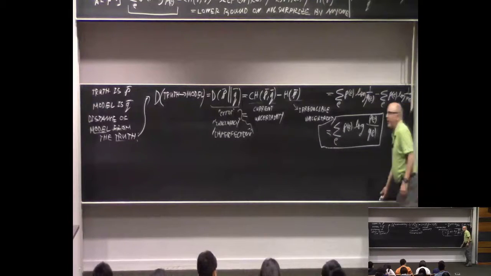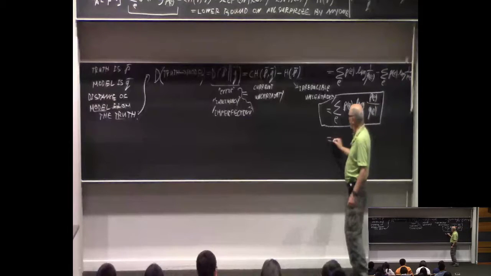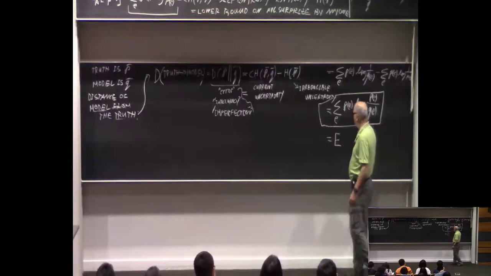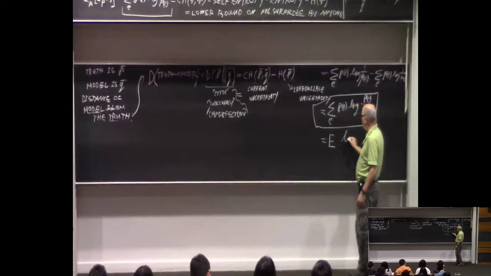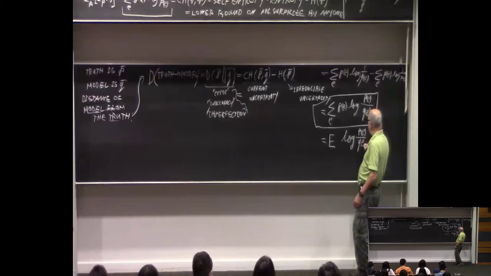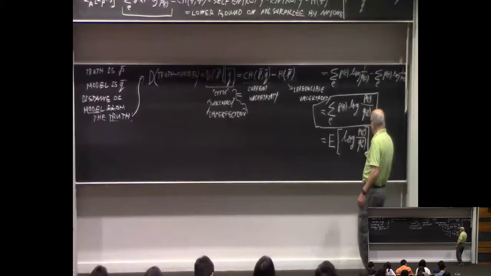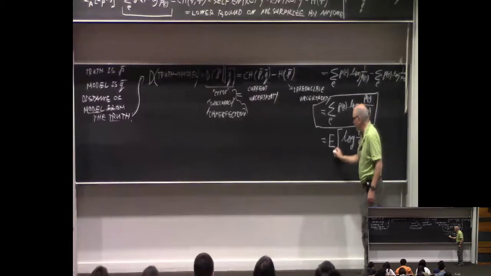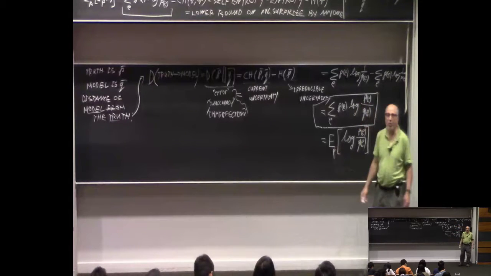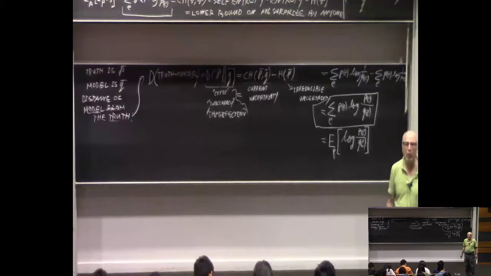And I can rewrite it again using notation of expectation. This is the expectation of the log of the ratio of P of E to Q of E. And this expectation is with regard to P. This is always important when you write expectation, to know it's the expectation with regard to what distribution.